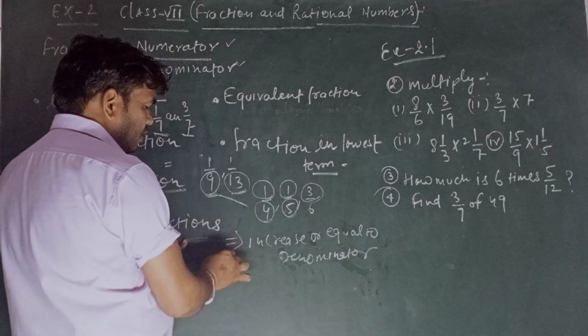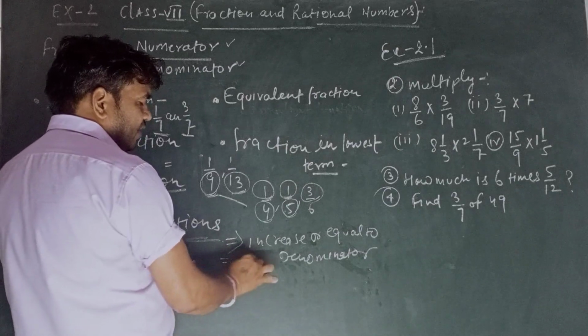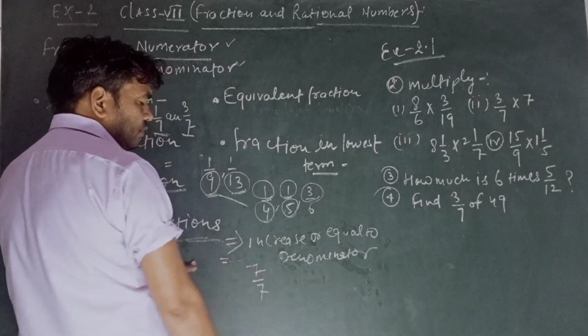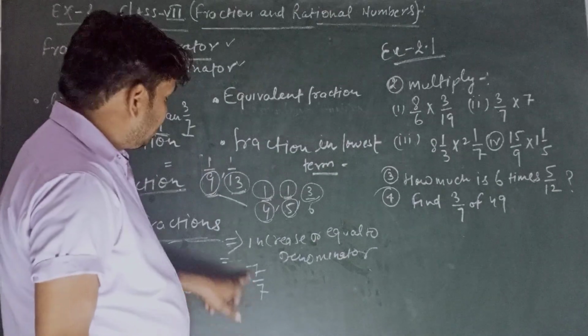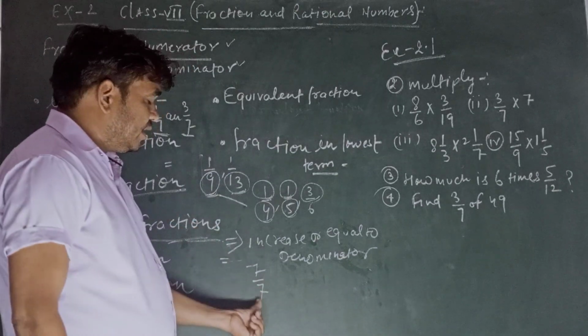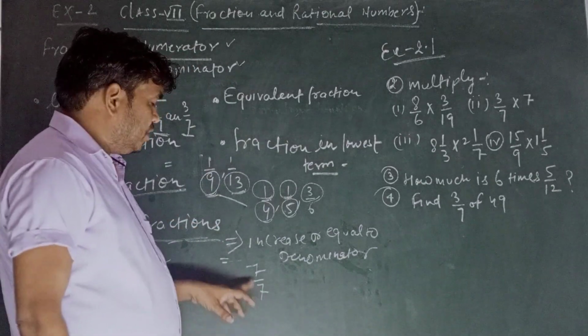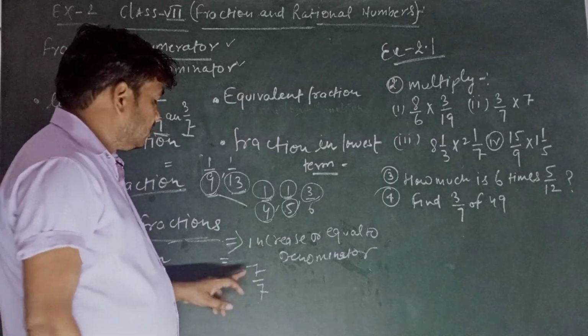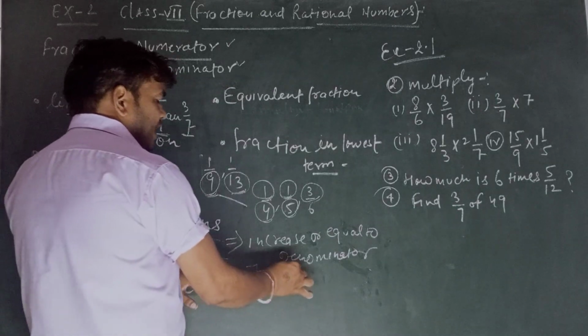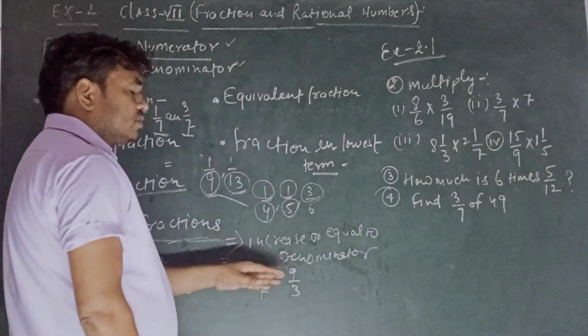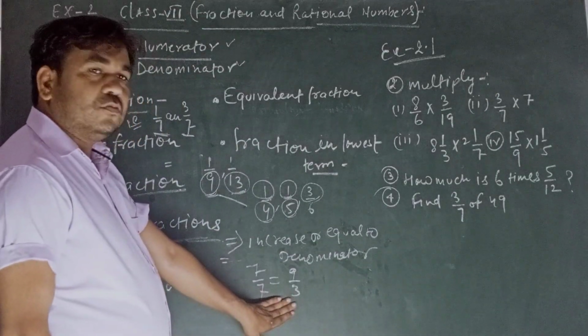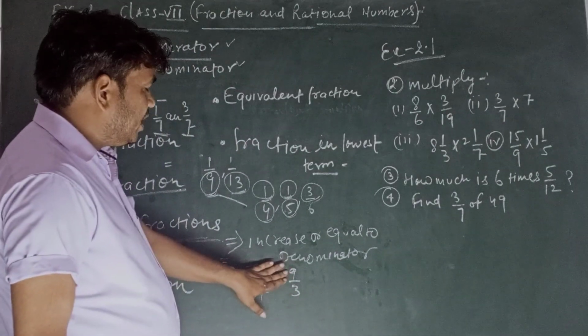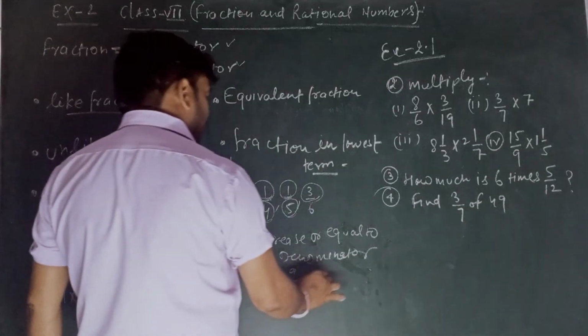So this is called an improper fraction, like 7 over 7. Here the denominator is 7 and the numerator is also 7, students. Let me show 9 over 3. Here the denominator is 3 and the numerator is 9. So this is also called an improper fraction.